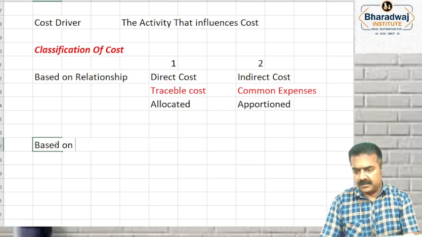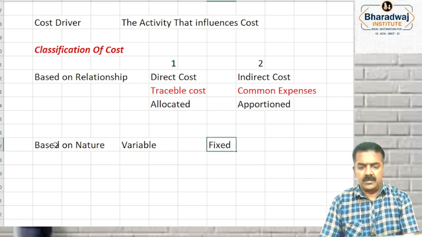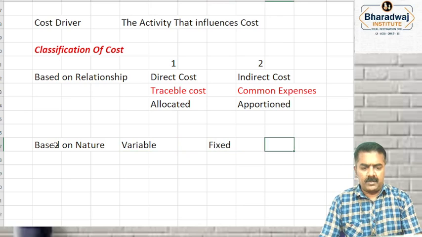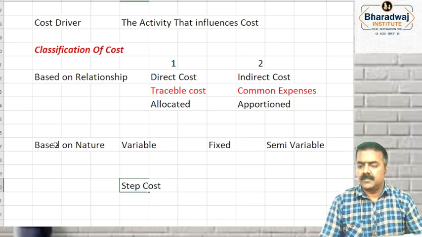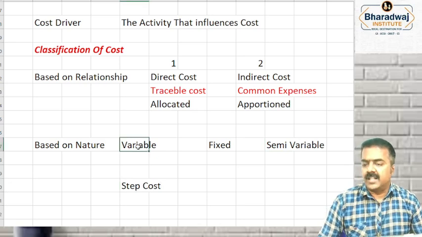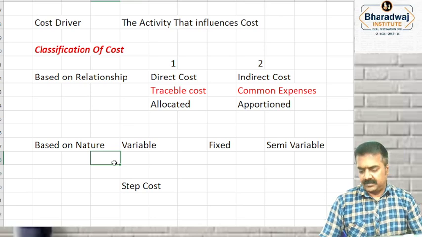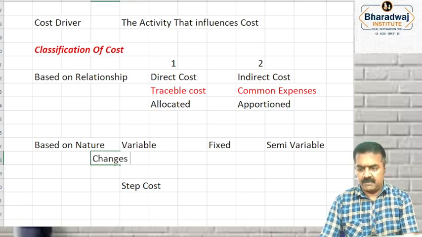Based on nature. Definitely a question can be tested based on this. Variable, fixed, semi-variable. Then step cost. What is variable cost? Changes with output.